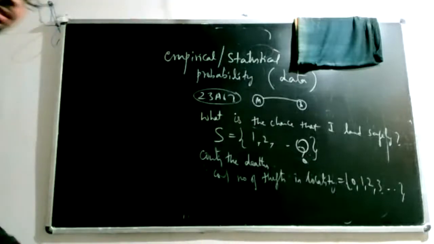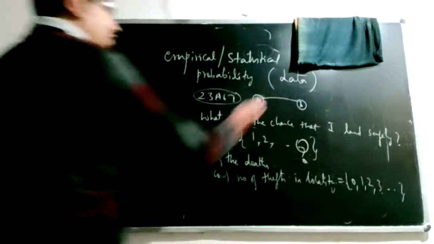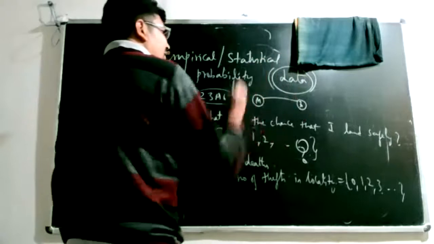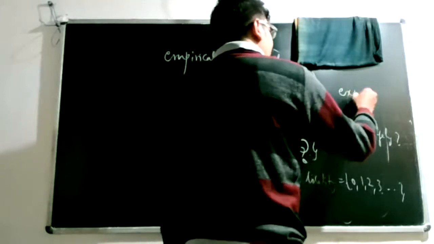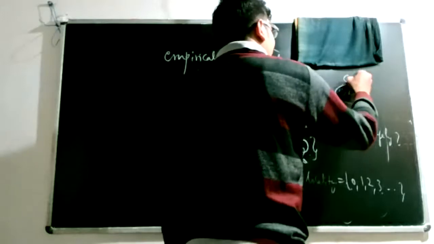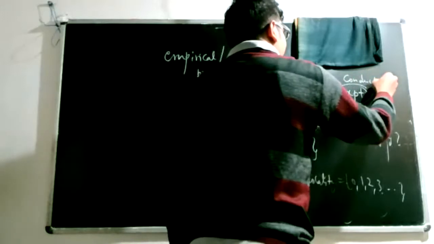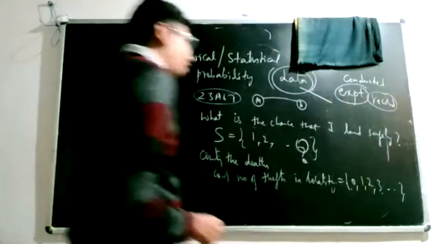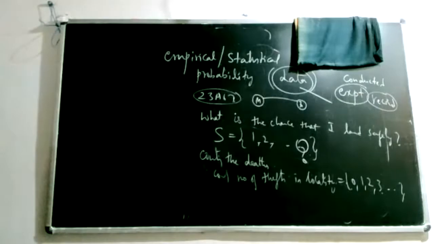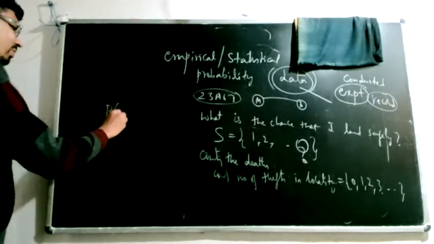So in those cases, computation of probability comes with what is called the statistical definition, and there we say you have already conducted the experiment. Whenever you conduct the experiment, record the data, record the outcome. And using that data, you can define the probability.